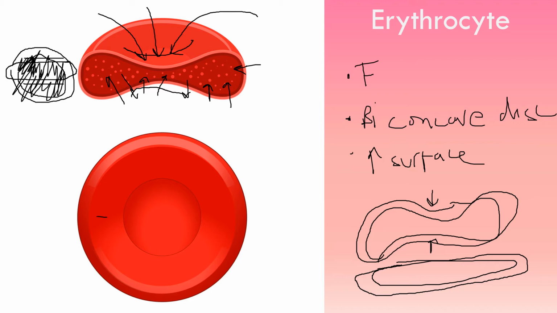Another feature of a red blood cell is that it's made of a protein called spectrin, which allows it to change shape a little bit, to squeeze through tight spaces, and that will help the flow of blood.